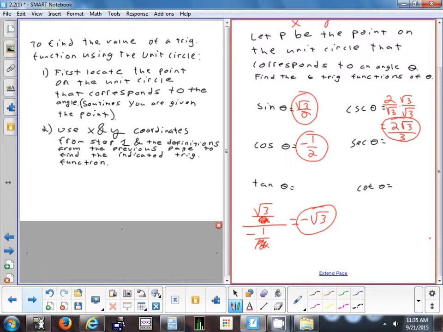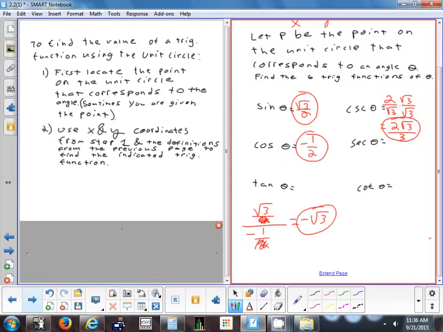Okay, Ben, how about when I flip my cosine to get secant? You would just flip them, so 2 over -1. Yeah, and what's 2 divided by -1? 2. Right? No. Drawing a blank, hang on.